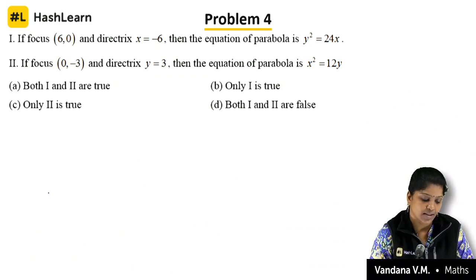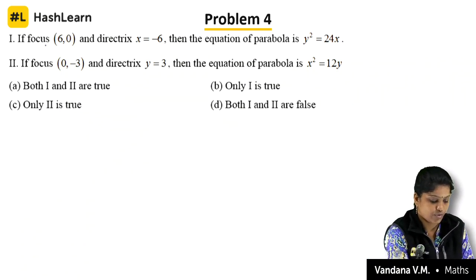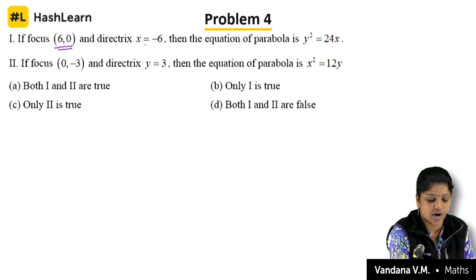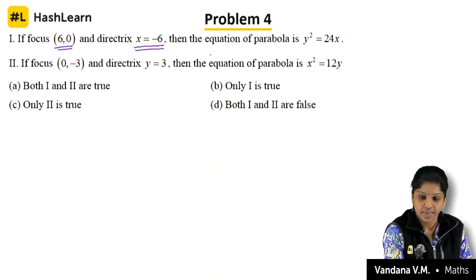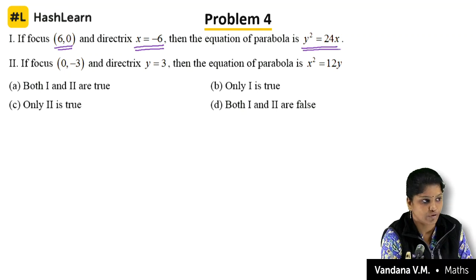The focus and the directrix. Focus is 6 comma 0 and the directrix is x is equal to minus 6. Then the equation of the parabola is y square is equal to 24x.